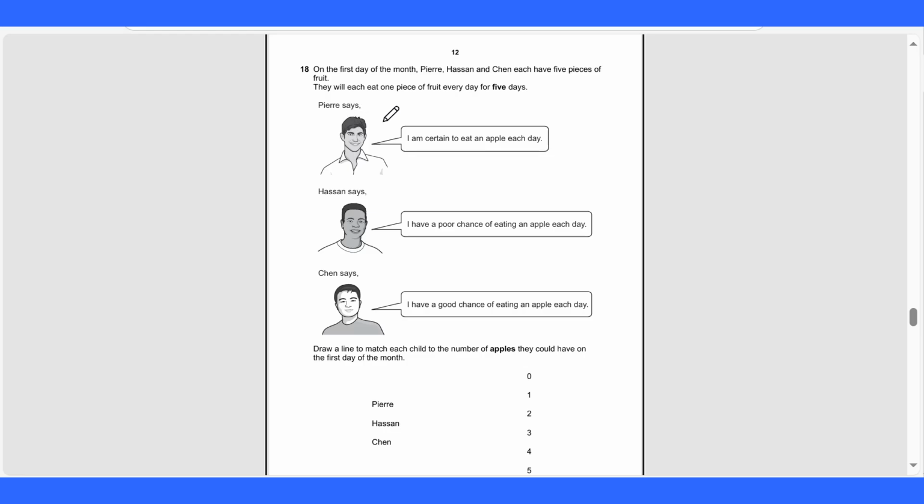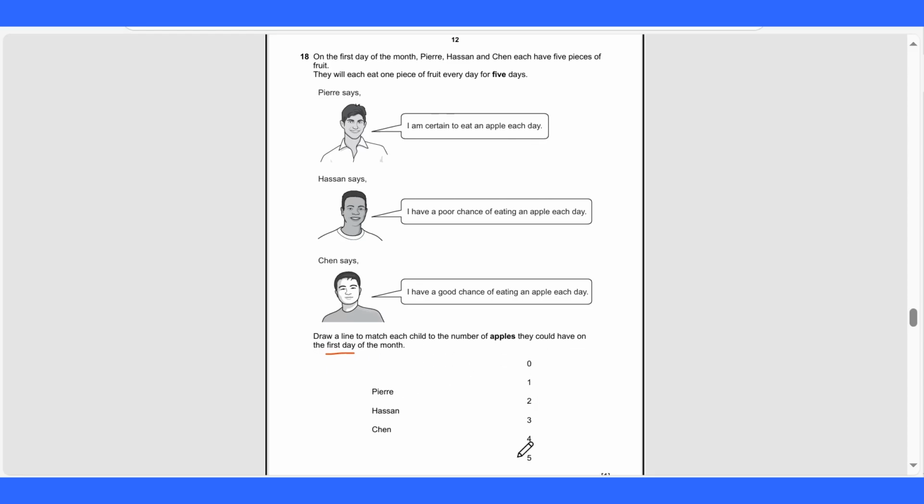Pierre says, "I'm certain to eat an apple each day." Hassan says, "I have a poor chance of eating an apple each day." Chan says, "I have a good chance of eating an apple each day." So draw a line to match each child to the number of apples they could have on the first day of the month. The scale is from 0 to 5. So 10 seconds. You have to match in here.